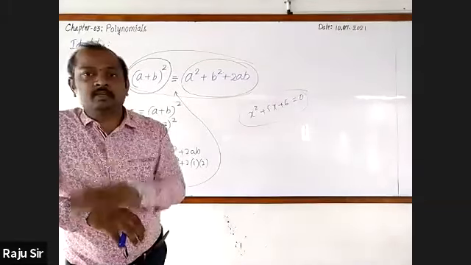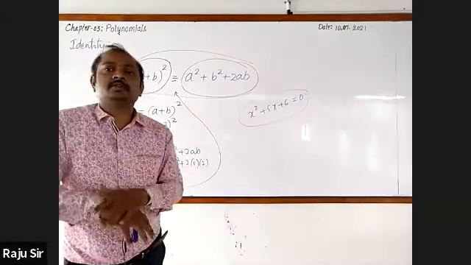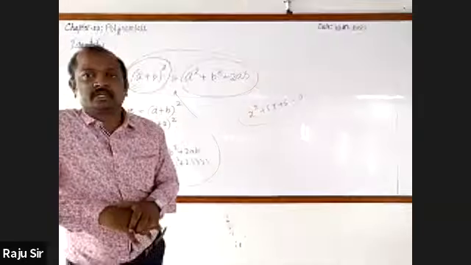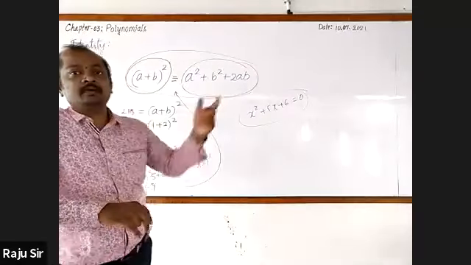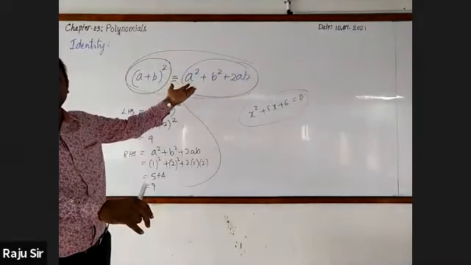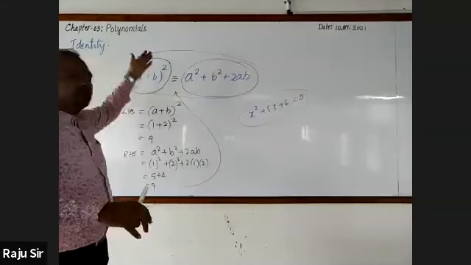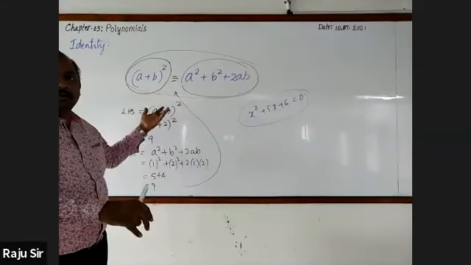If an identity is an equation, then an equation should also be an identity, no? Of course it is, but we have the standard identities. More than 10 standard identities are there. Here I have introduced only one.